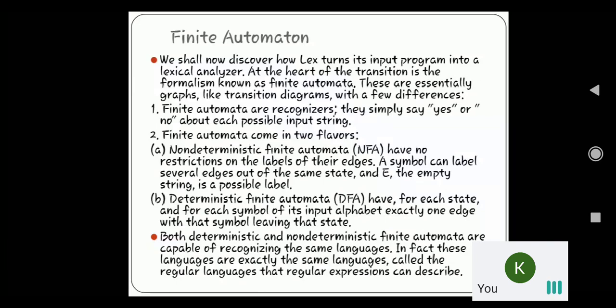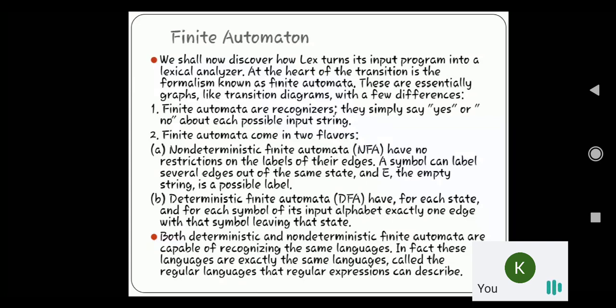We have two types, NFA and DFA, and we have some major differences between them. The first difference is that NFA is allowed to recognize the same label more than once in the transitions of the same diagram.